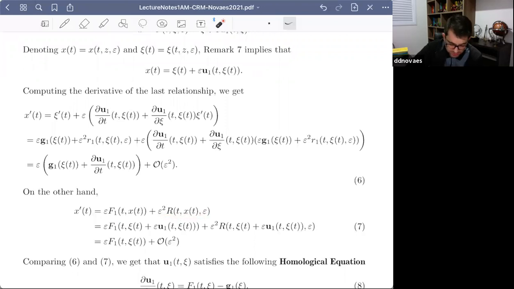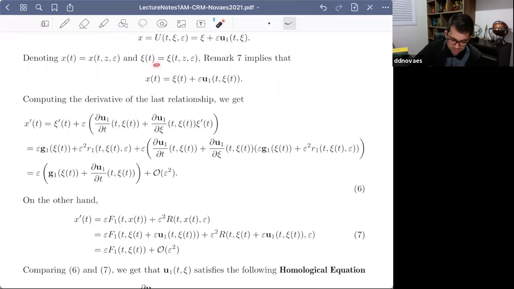Okay, now substituting the expression of x(t), this one, we have epsilon times f1 of t, the value of x of t through the conjugation, plus higher order terms.